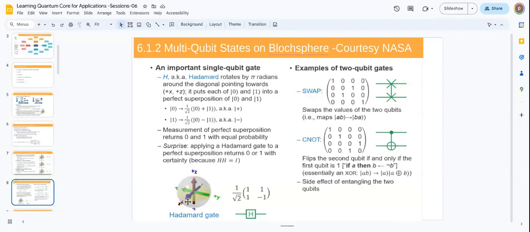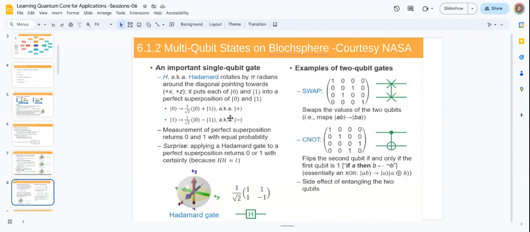So on the Bloch sphere, when you apply a Hadamard operation, which is a matrix operation, to a spin up and spin down superposition, it will change. When you say superposition, it means ket 0 and ket 1 are together. So ket psi equals alpha ket 0 plus beta ket 1.